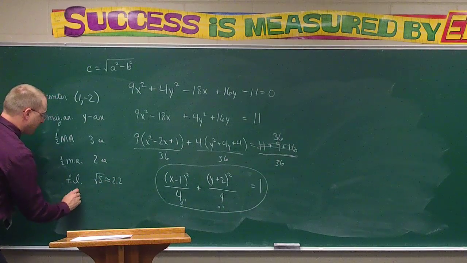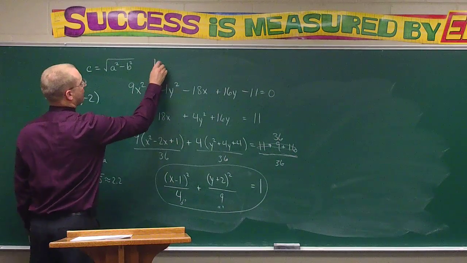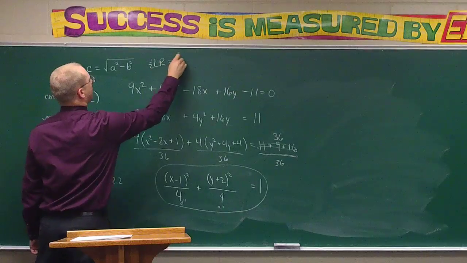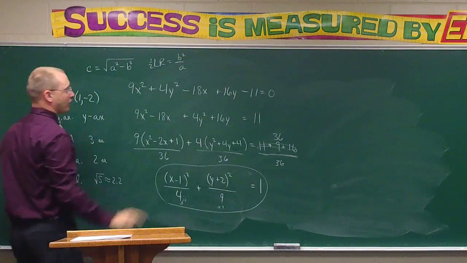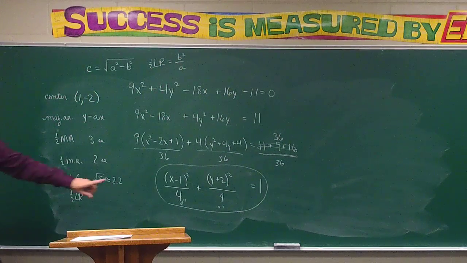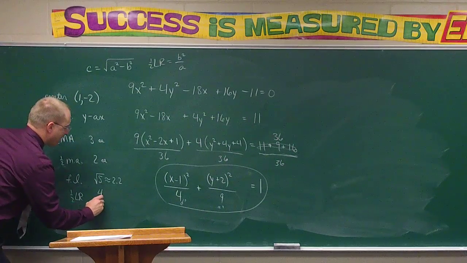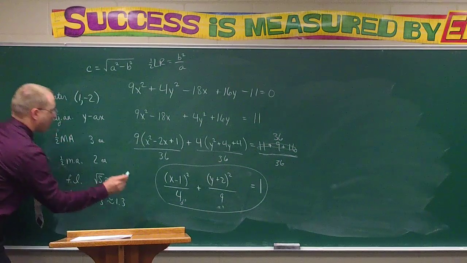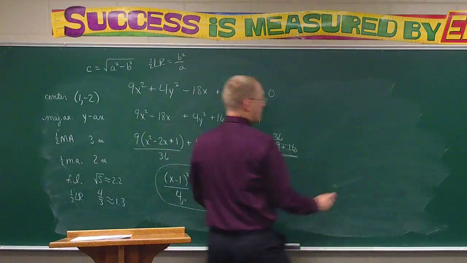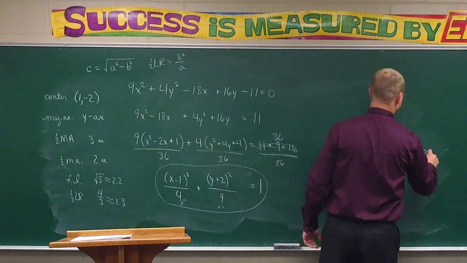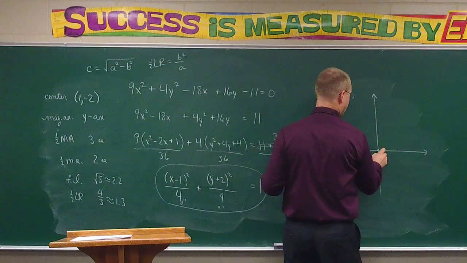And then for the half lateral rectum, that's b squared over a. The smaller number divided by the square root of the larger number. 4/3, which is about 1.3. So what we'll do for this graph, remember, is we'll start by putting our center point at 1, -2.